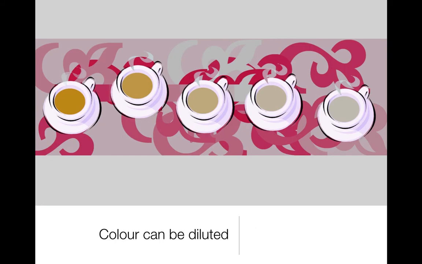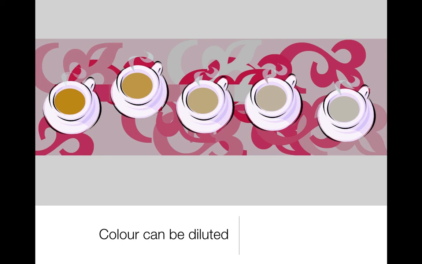So it turns out that color can be diluted as well. If you imagine a cup of coffee or a cup of hot chocolate, if you add some milk to that, it'll get lighter. If you add some more milk to it, it'll get lighter again. So you can actually wash out the color. You can dilute the color.